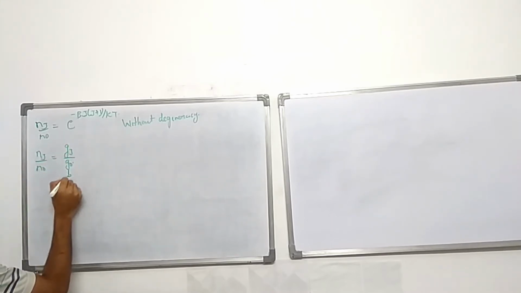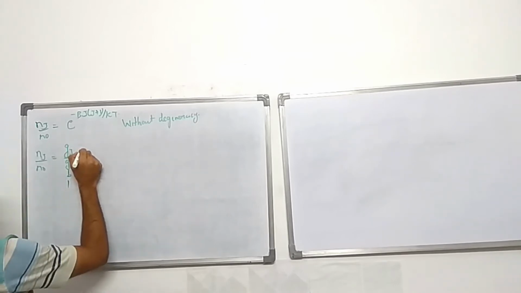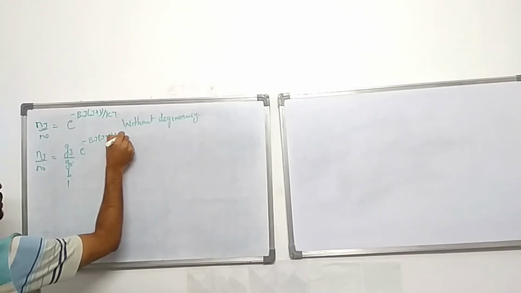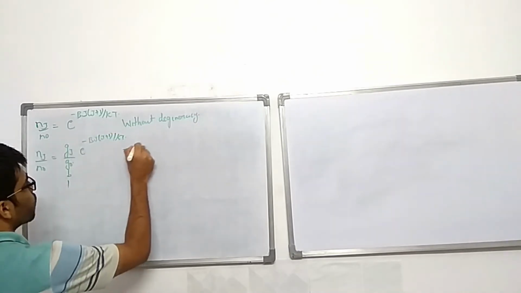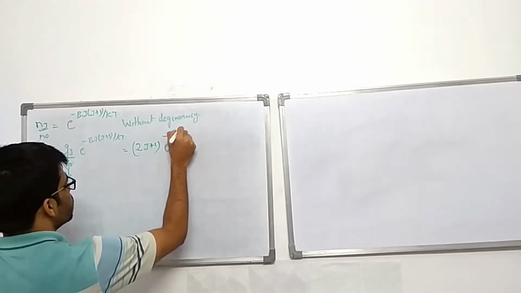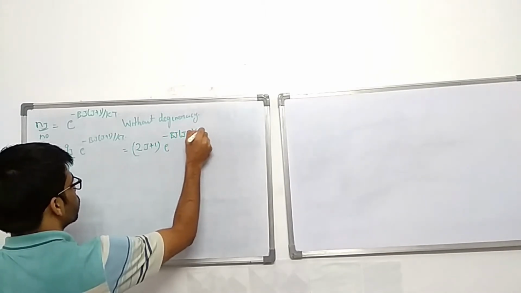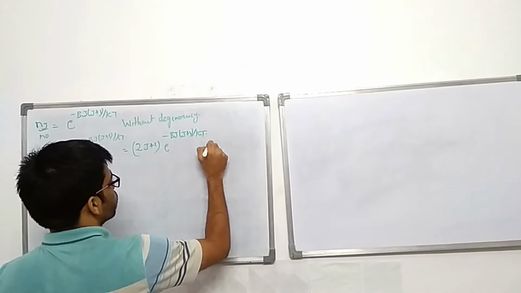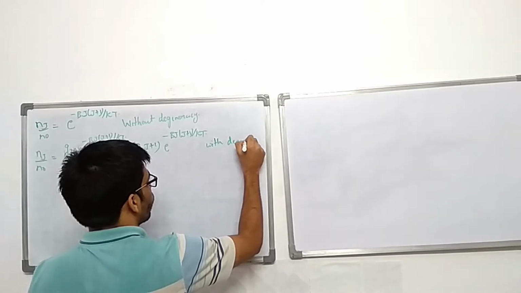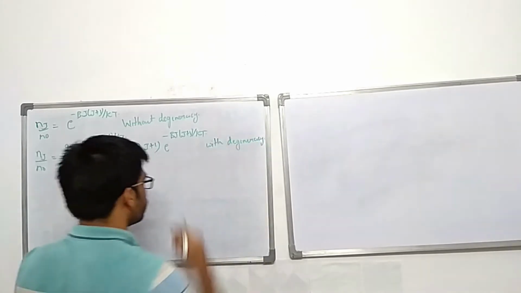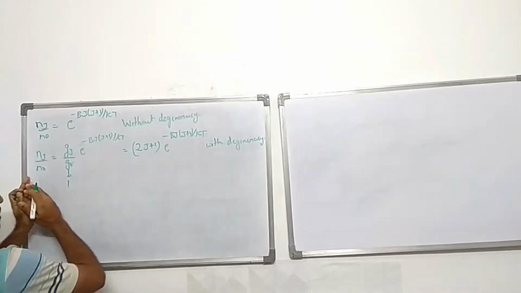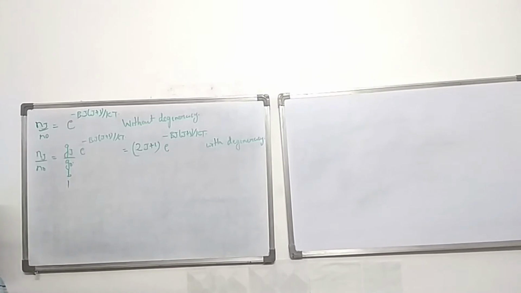We know G0 is 1, so it is Gj e to the power minus B j into j plus 1 by kT, or 2j plus 1 e to the power minus B j into j plus 1 by kT. So this is the formula with degeneracy. Okay. So now let's consider this gives me the relative population of any energy level.